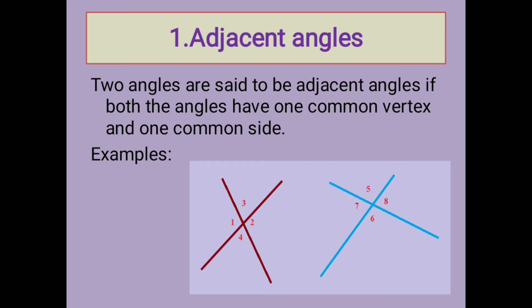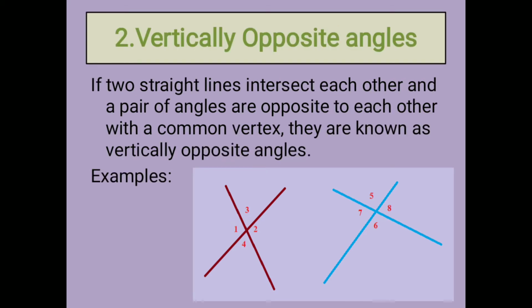Let's move to the second one, vertically opposite angles. If any two straight lines intersect each other and a pair of angles are opposite to each other, like angle 3 and angle 4, they are in the opposite direction, and these two angles are formed when two straight lines meet.